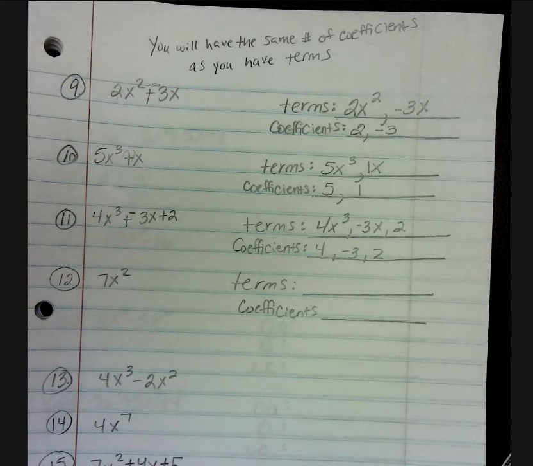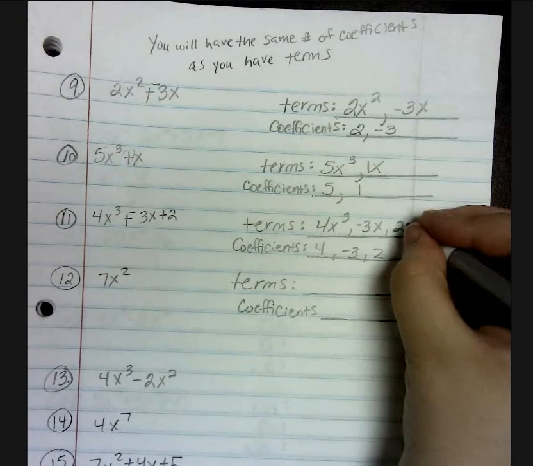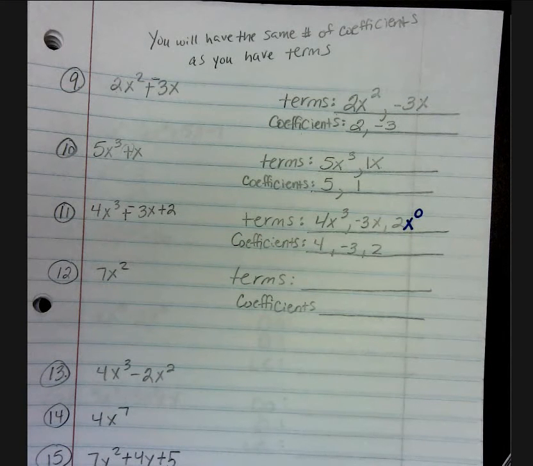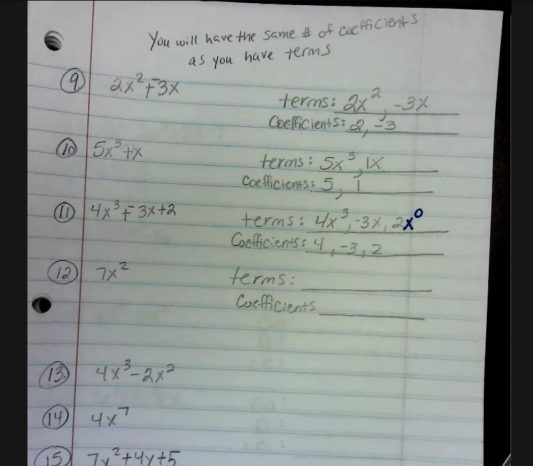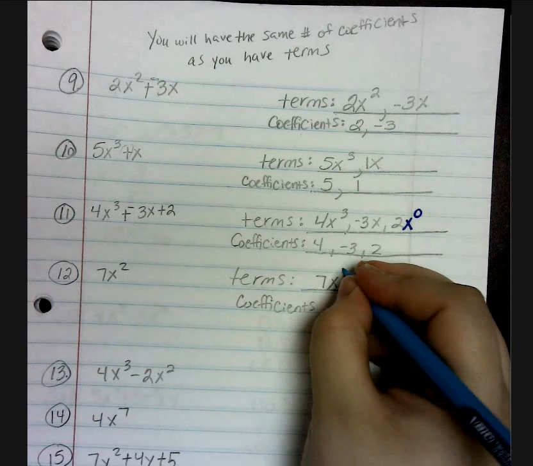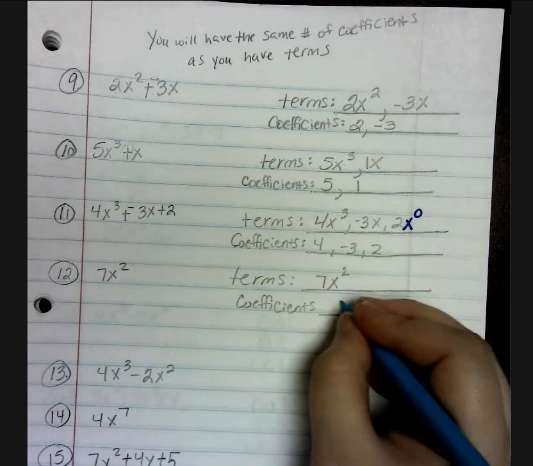However, if you do not have a variable behind it, it's understood to have an x to the 0 power. So that's how it is a coefficient. It's understood to have that x to the 0 behind it. And then for number 12, you just have one term this time, so it's a 7x squared, and then your coefficient would be 7.